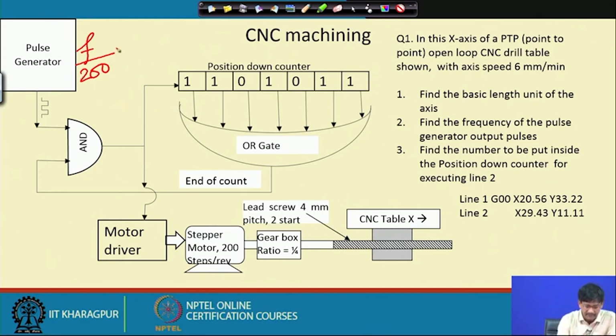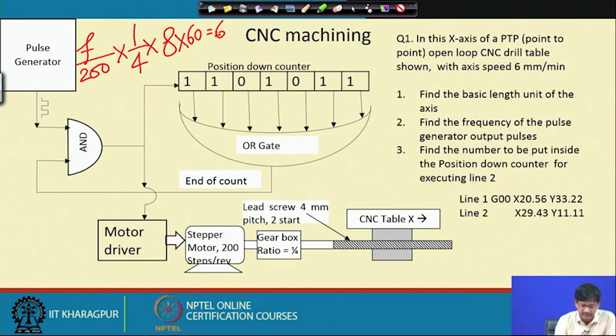Now, these rotations will be reduced by the gearbox by a factor of 1/4, and the amount of motion obtained will be multiplied by the lead of the lead screw, and therefore, this, when multiplied by 60, should be equal to 6 millimeters.